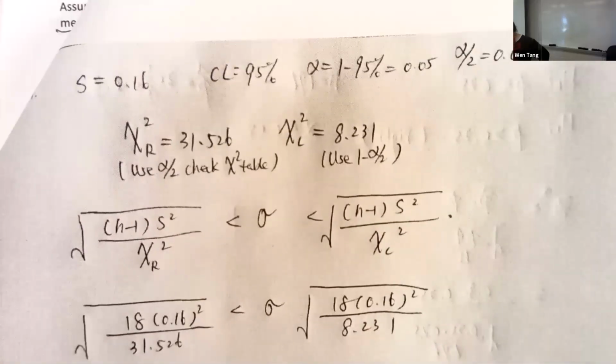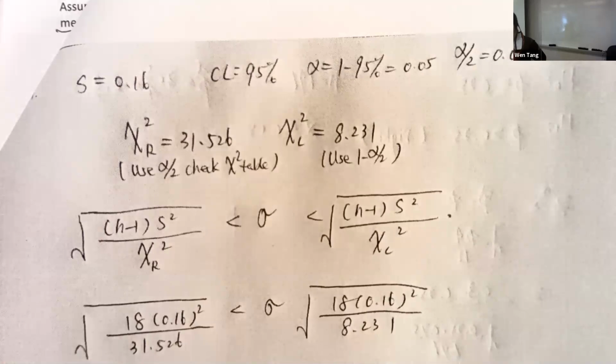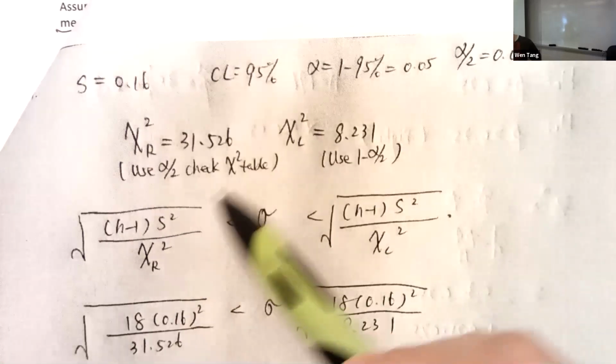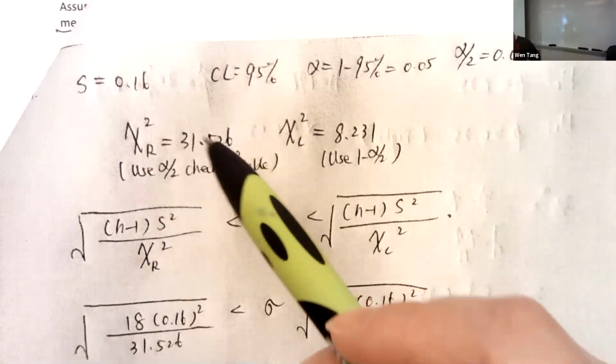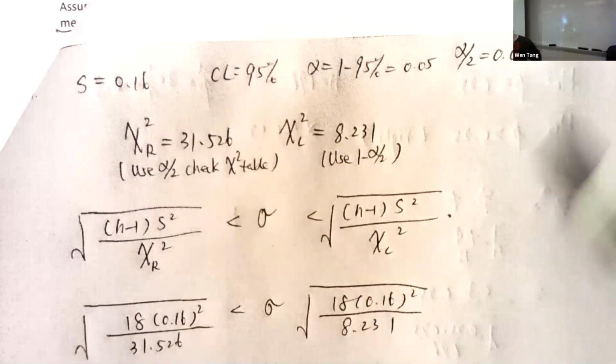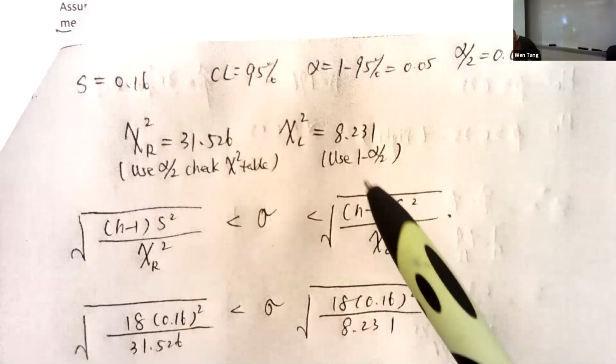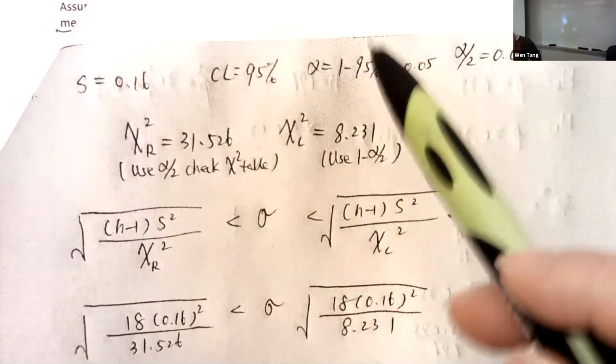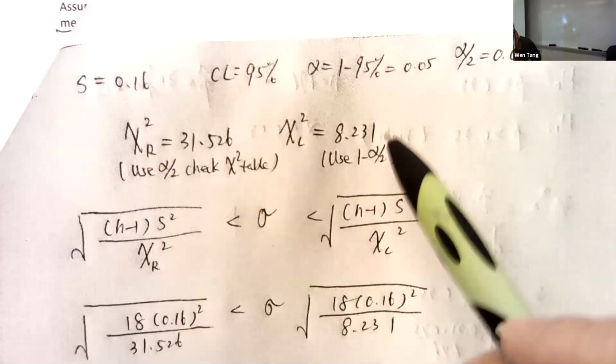We still need to know the half alpha value. I will start with the right side critical value because we're going to use the value of half alpha to check the right side critical value. And we're going to use 1 minus half alpha value to get the left side critical value.